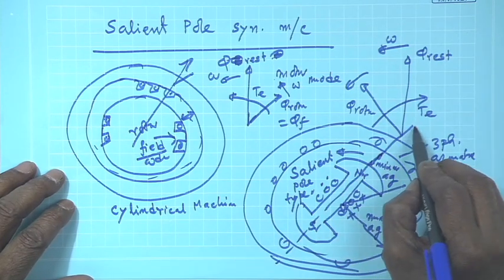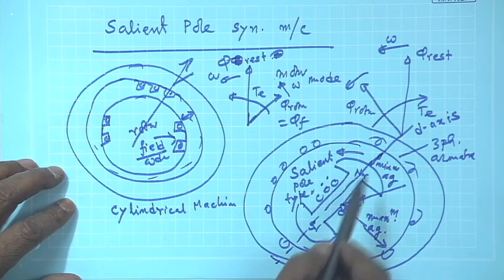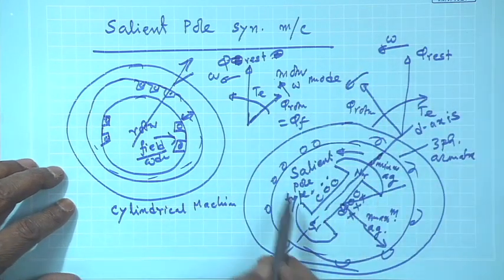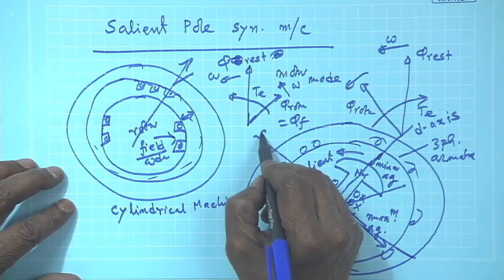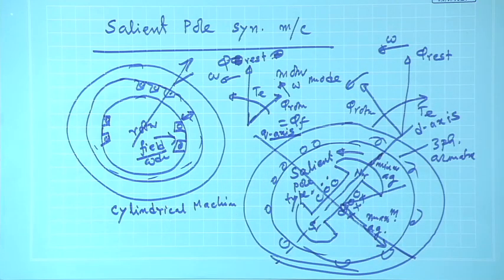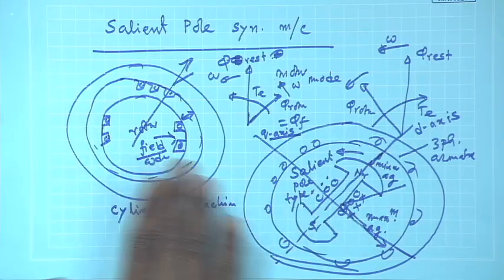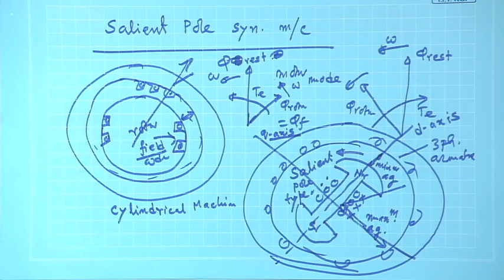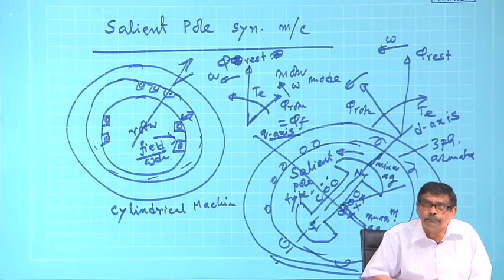But only one thing I will tell, that this is your d axis, where the reluctance will be minimum, and this one where the air gap is maximum is called the q axis, quadrature axis and direct axis. So, with this basic difference in construction, in my next class I will tell you how to analyze a salient pole machine.